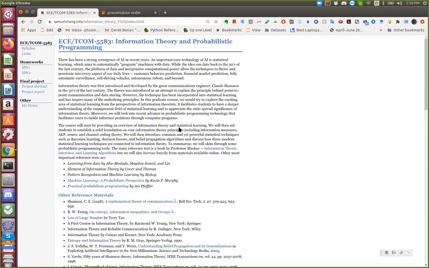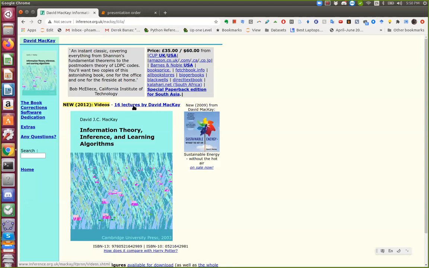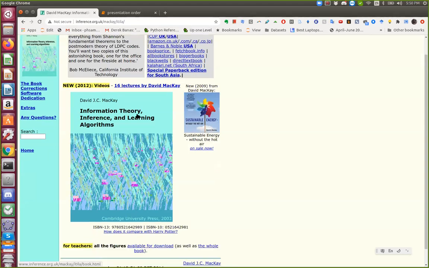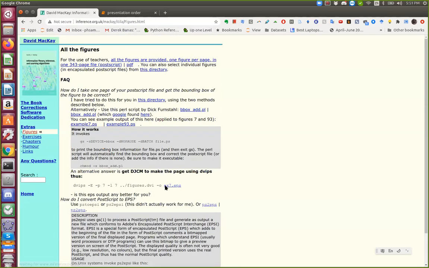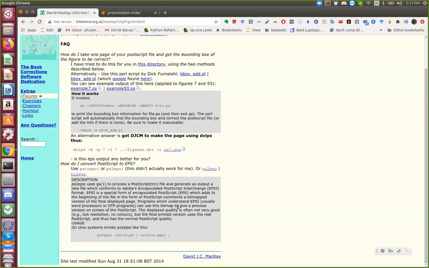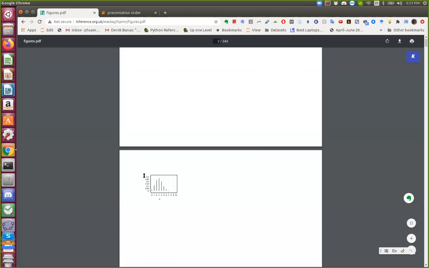One is the textbook by MacKay, which is quite entertaining. He even has some video lectures, and the book is totally online. Let me see if I can open a particular chapter. There's a PDF here, but probably it's pretty big.